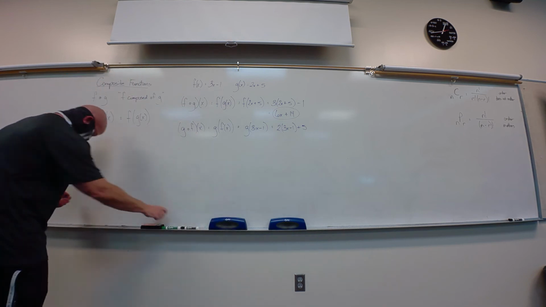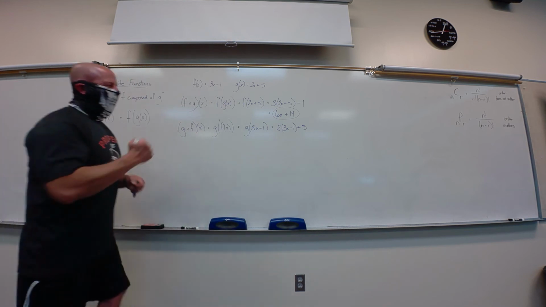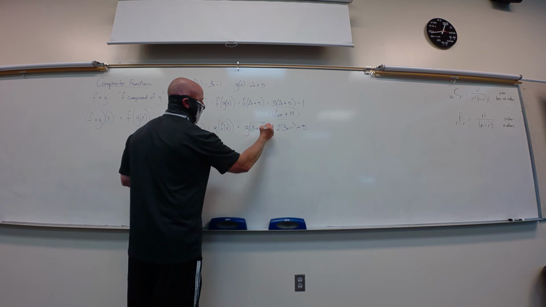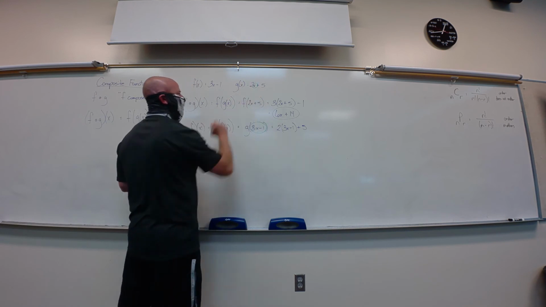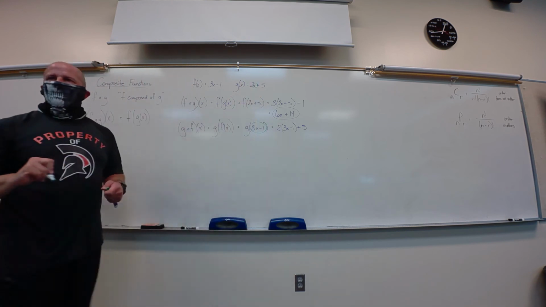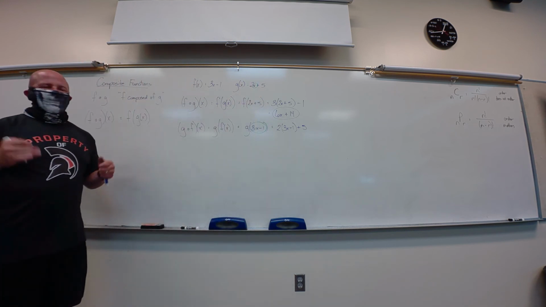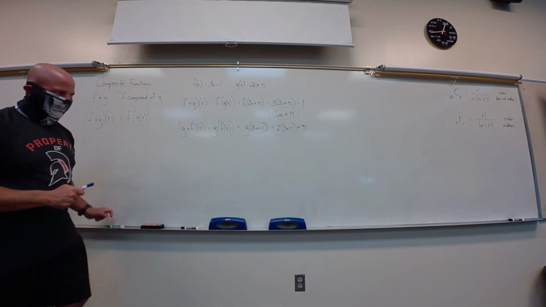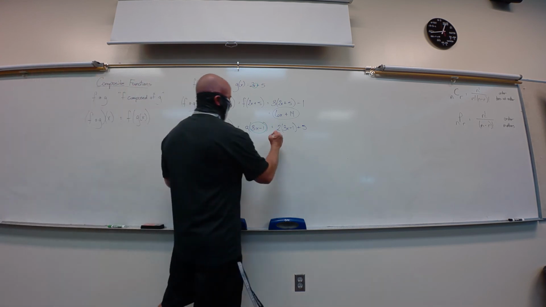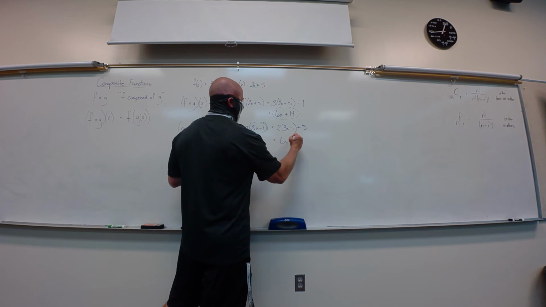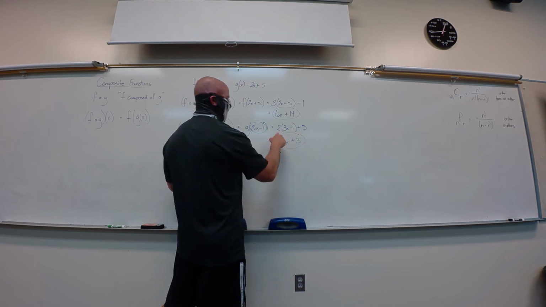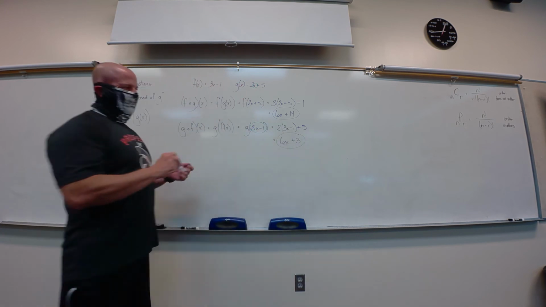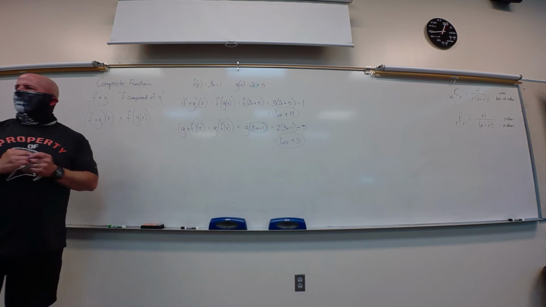So again, whatever we see here, it's going right there. Whatever's in those parentheses, that's what's substituting in. Now as far as the simplifying here, let's see, I'd have really 6x minus 2 plus 5, 6x plus 3.